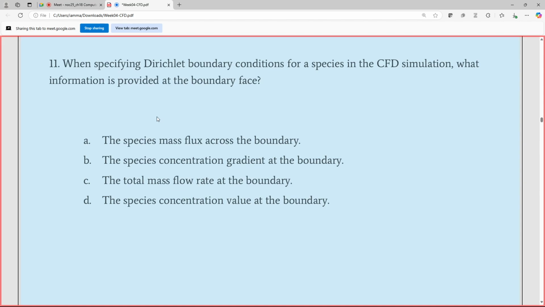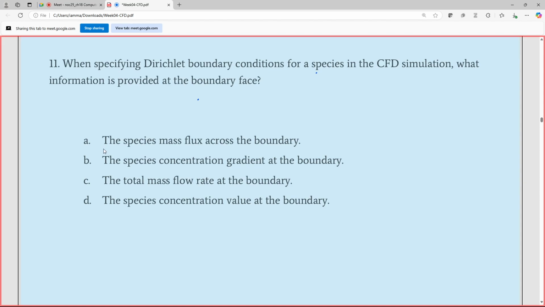Moving on to next question. When specifying the Dirichlet boundary condition for a species in CFD simulation, what information is provided at the boundary phase?